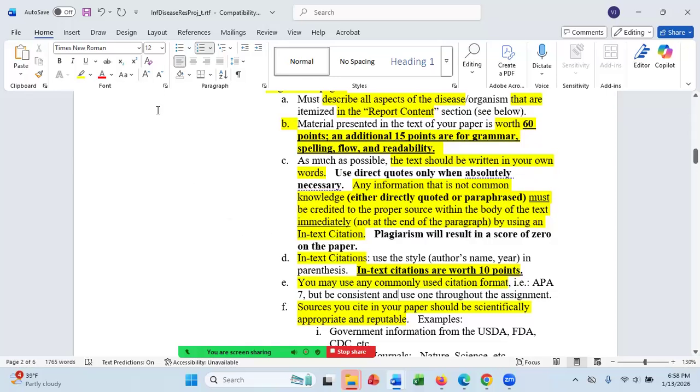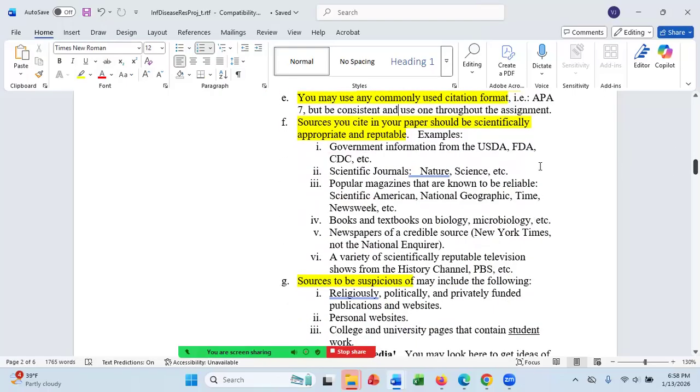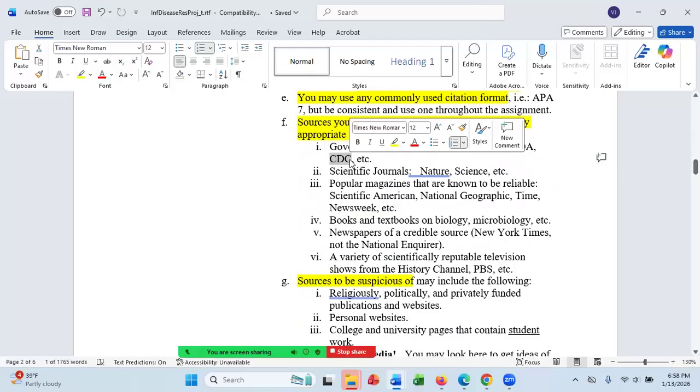Sources you cite in the paper should be scientifically reputable and appropriate. Good sites would be from the US government, the USDA, the FDA. The CDC isn't quite reputable anymore. Sorry about that. That's because of a cabinet member of the health department, I don't remember what his title is.